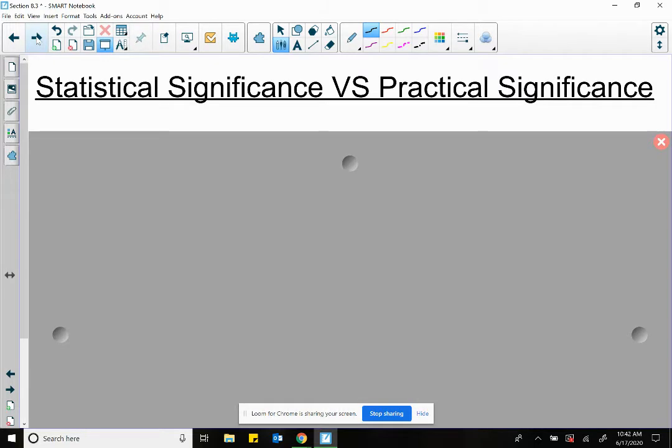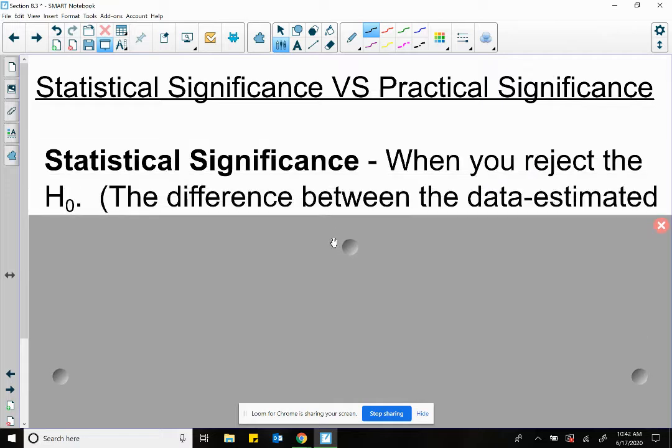All right, then there's this piece called statistical significance versus practical significance. Let me explain what statistical significance means. Statistical significance is when you reject the null hypothesis.